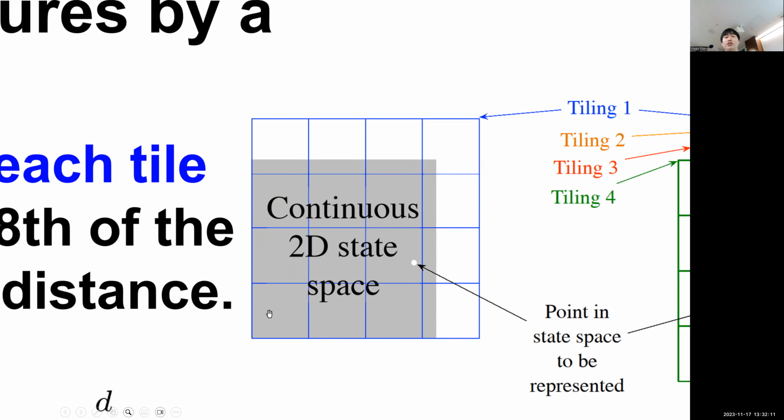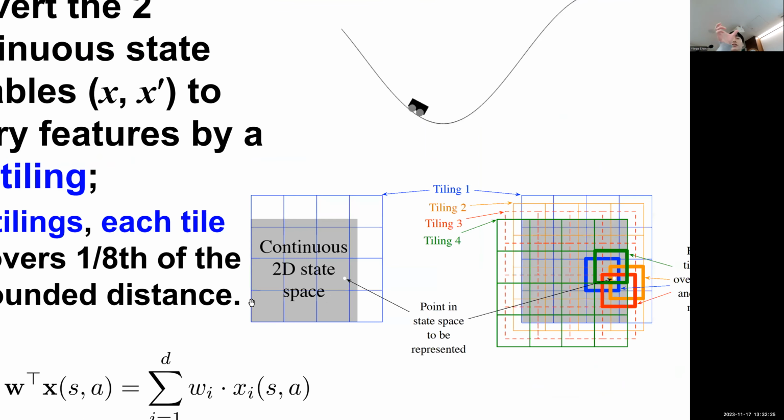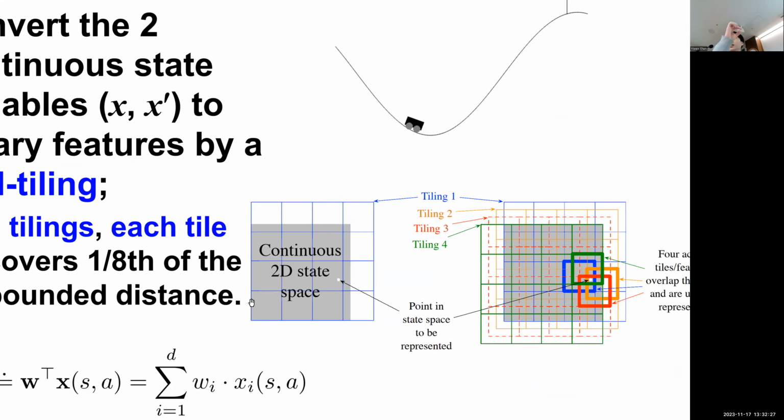So eventually, each tile in one tiling will have a different width and height, because position has one scale and velocity has another scale. So the unit size will be different.